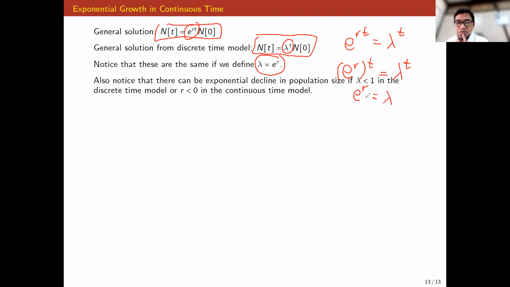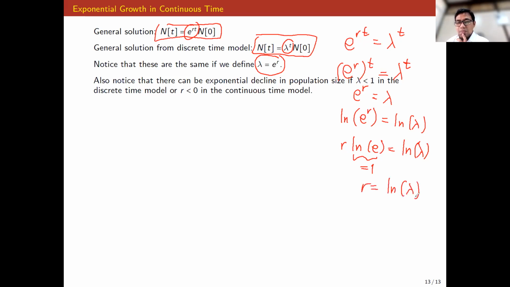How can you find r? We can find r just by taking ln on both sides. So this will be r ln e is equal to ln lambda, and ln e is equal to 1. So r is ln lambda.